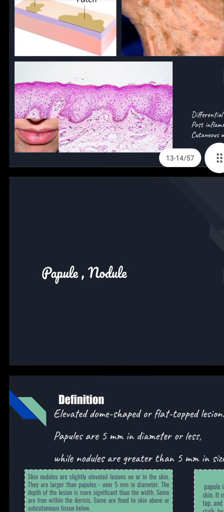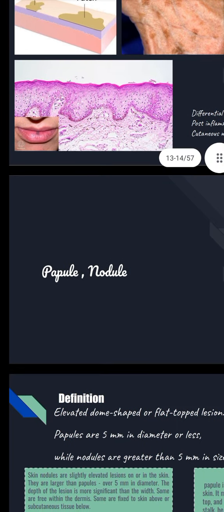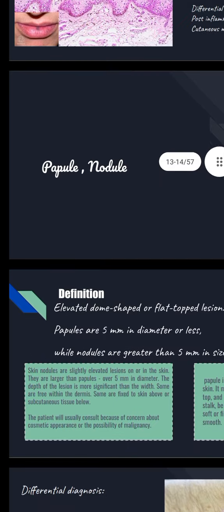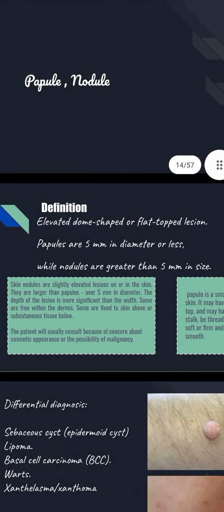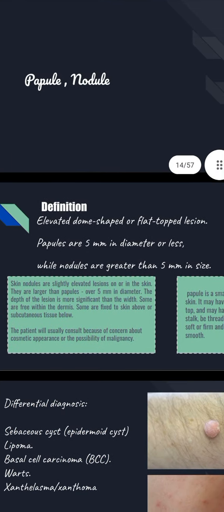The next one is papule and nodule. Definition: elevated dome-shaped or flat-topped lesion. Papules are 5 mm in diameter or less, while nodules are greater than 5 mm in size. Skin nodules are slightly elevated lesions on or in the skin.